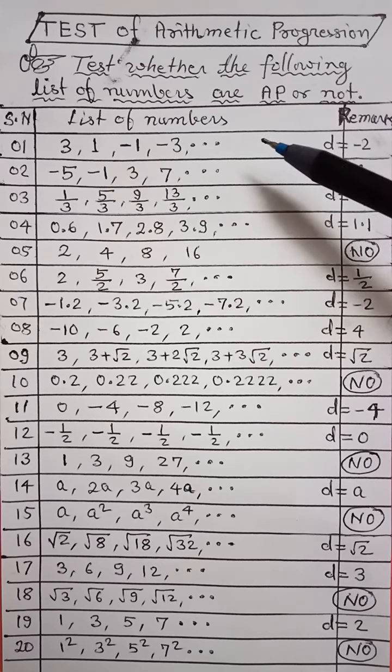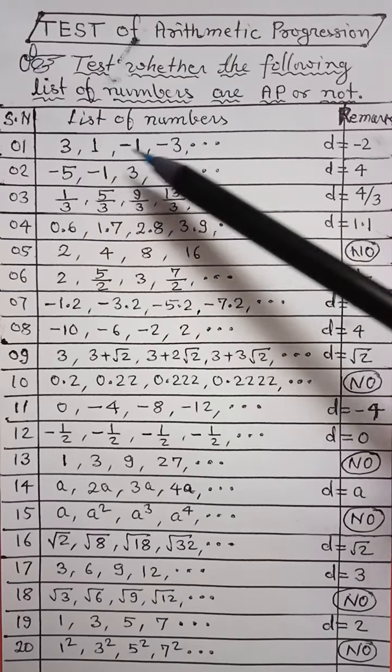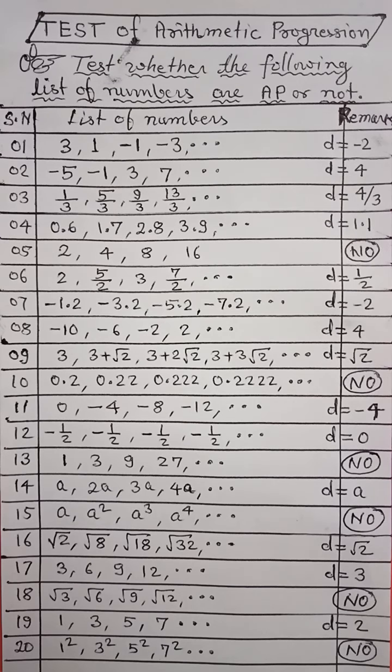And this difference is called common difference. And in any sequence, if this characteristic is found, the sequence is termed as arithmetic progression and hence it is an arithmetic progression.